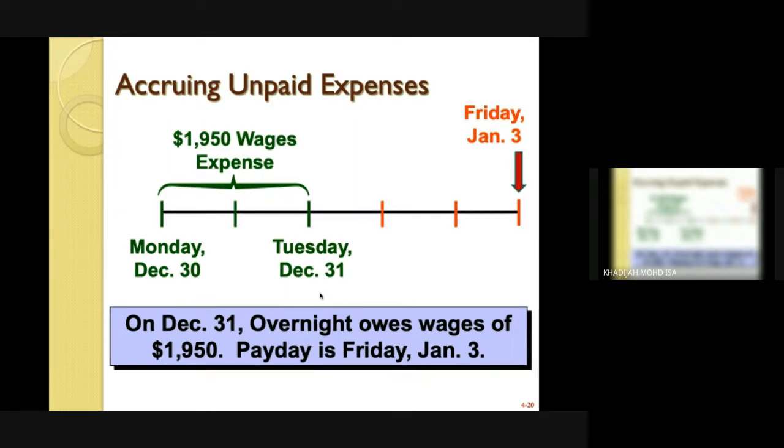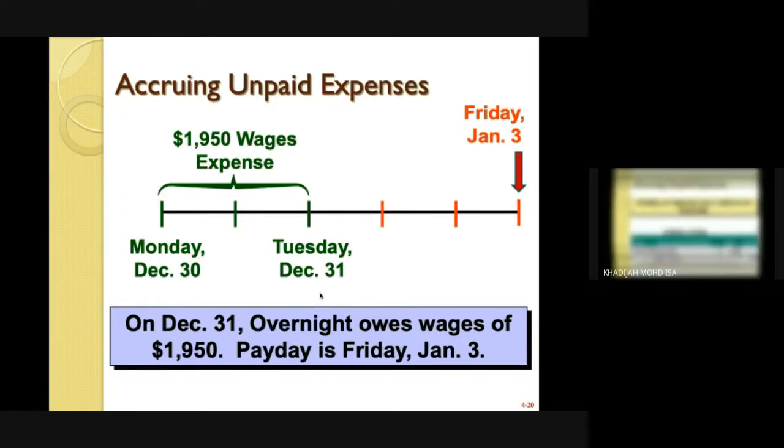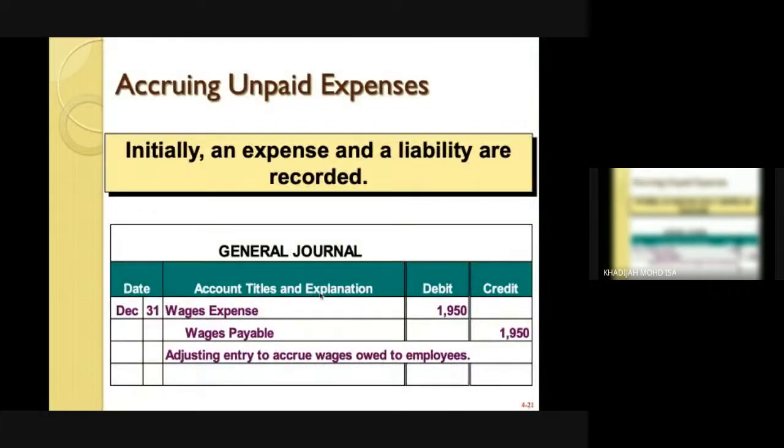But have you incurred the expense? Yes, you have incurred the expense as of 31st of December. So now it's a liability, but you must recognize the expense. So you debit wages expense 1,950, but then the amount becomes a liability. So you call it wages payable that you have to pay in the future.